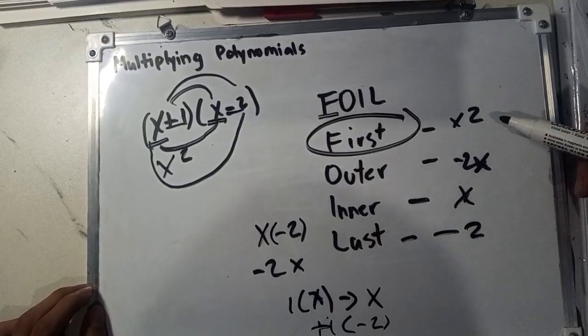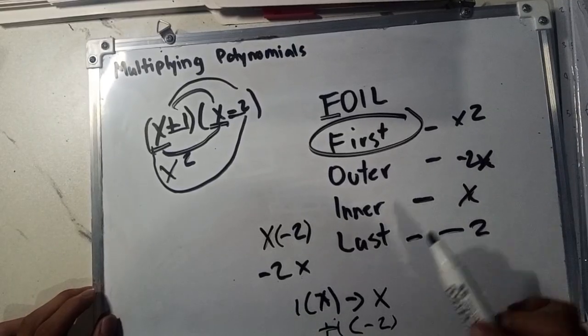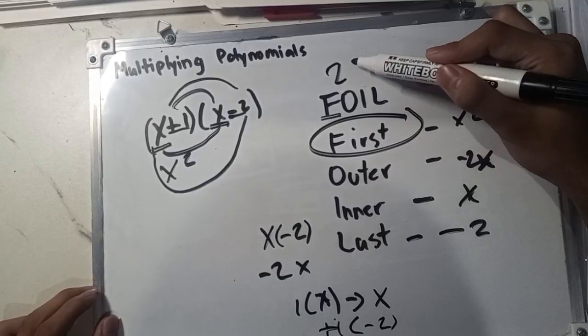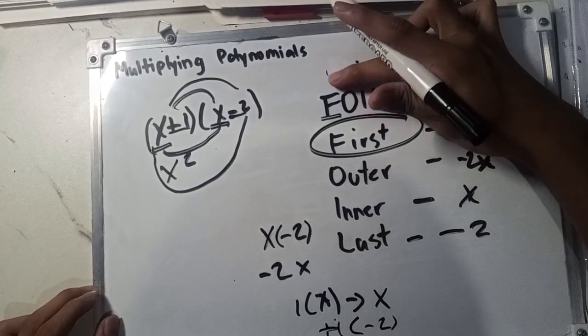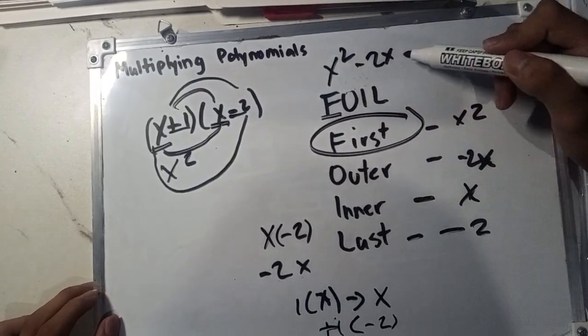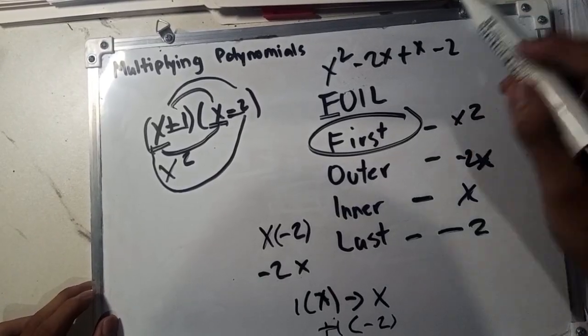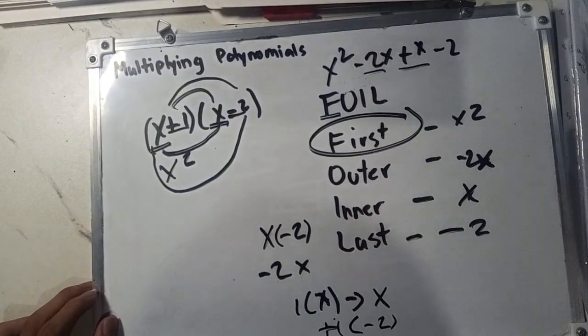So let's combine this formula. So we have x squared minus 2x plus x minus 2. Combine like terms, this and this.